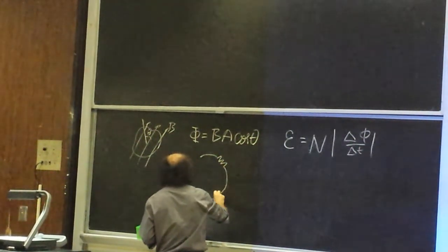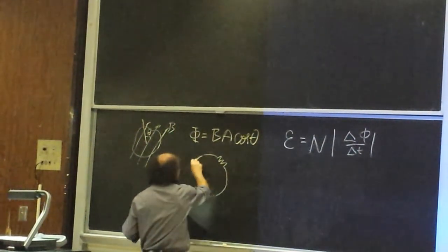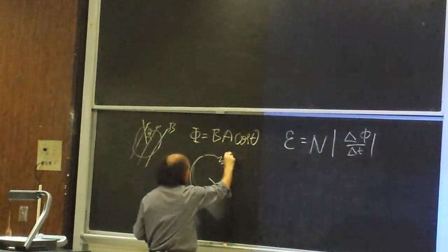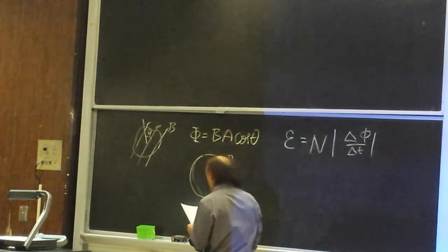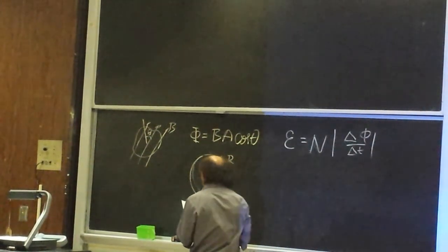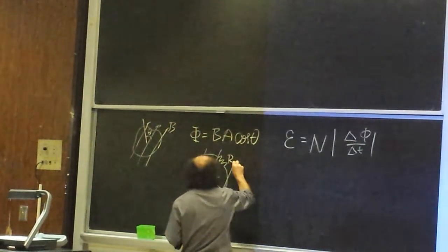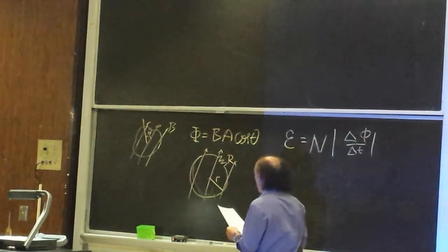It has a certain resistance R. The radius of the circle is R. This whole thing is in a magnetic field, and the magnetic field is changing.